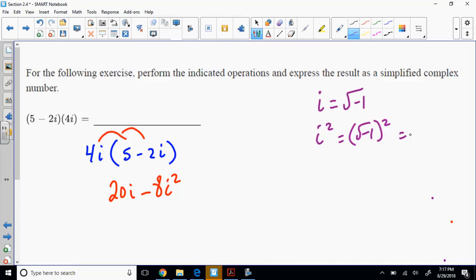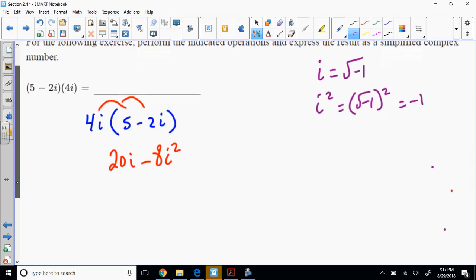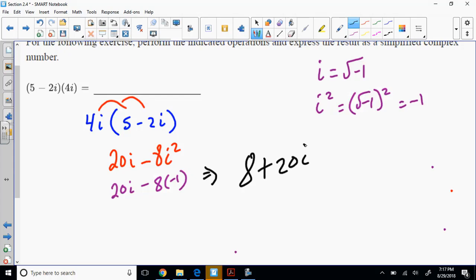It takes care of the square root, right? Yeah? Okay. So this would now be 20i minus 8 times -1, and that would give us 8 plus 20i, because that would be a negative times a negative, which would be a positive, right?